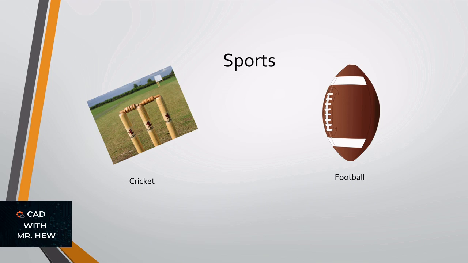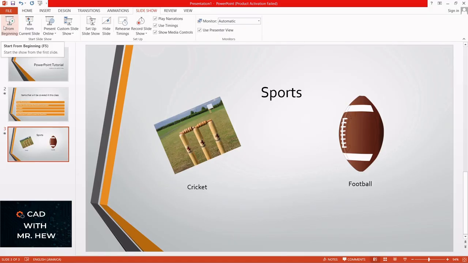To exit the view slideshow, you press enter on the keyboard, and this is how you would make a PowerPoint presentation. If you want to see what the home tab would look like, you would click here.